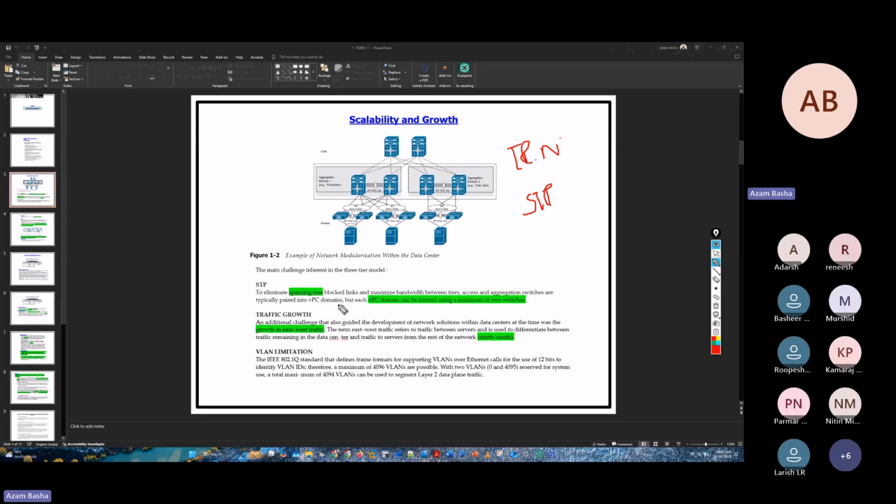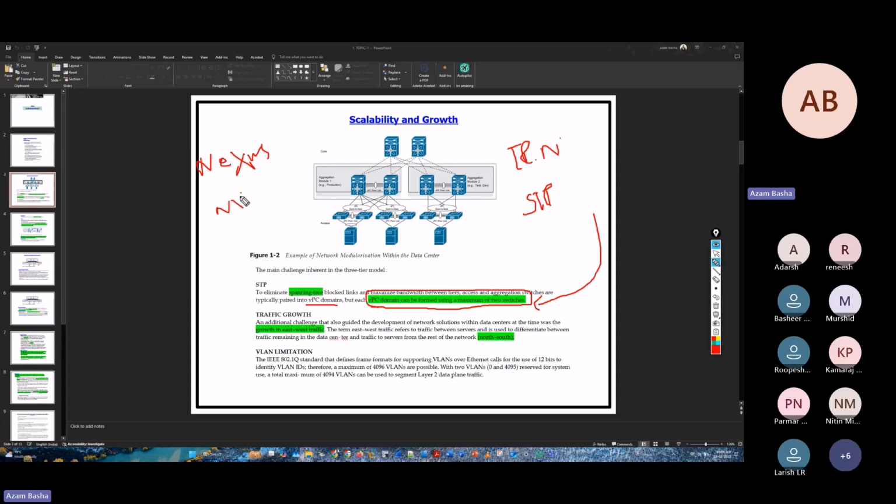To eliminate STP blocked links and maximize bandwidth between tiers, access and aggregation switches are typically paired into vPC domains, but each vPC can be formed using a maximum of 2 switches. So we always try to evolve, right? So in the traditional network, we brought in Nexus. I'm sure everyone knows Nexus.